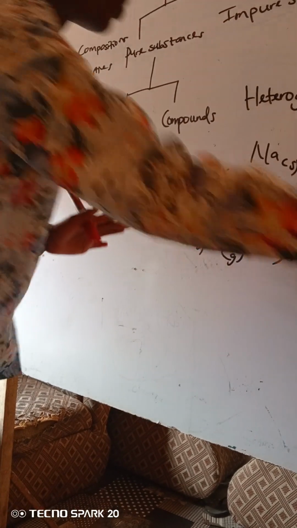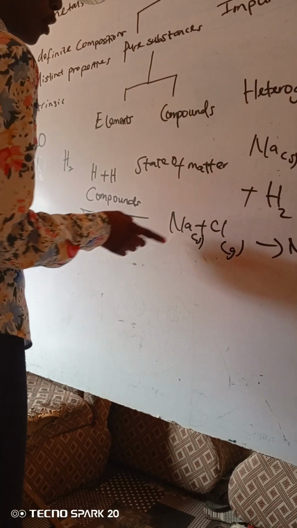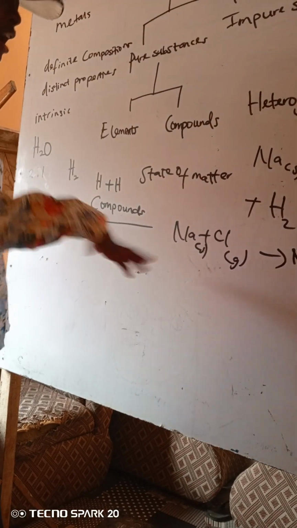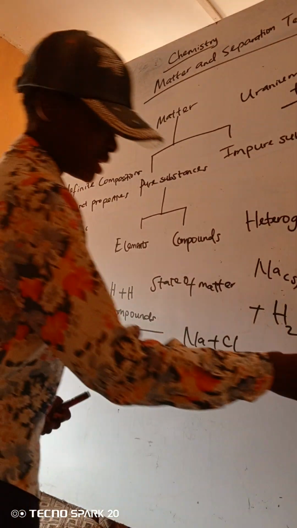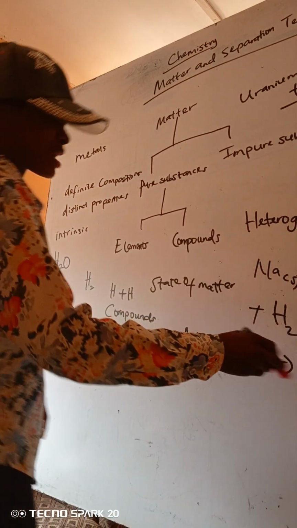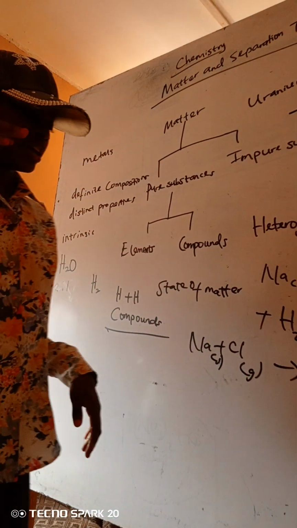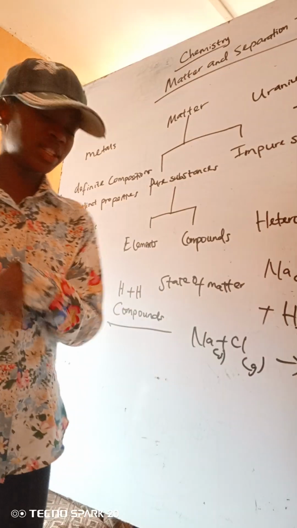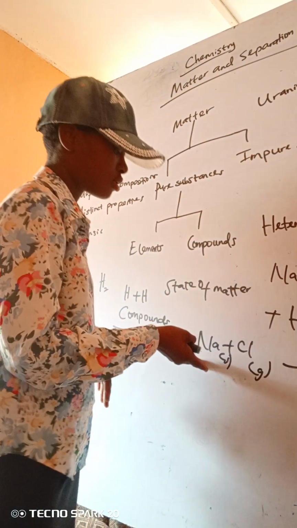It has the same composition made up of sodium and chlorine, but it has different properties aside from sodium and chlorine. Why? Because this substance can react with many substances in its own type of reactions, but it does not react like sodium and chlorine.